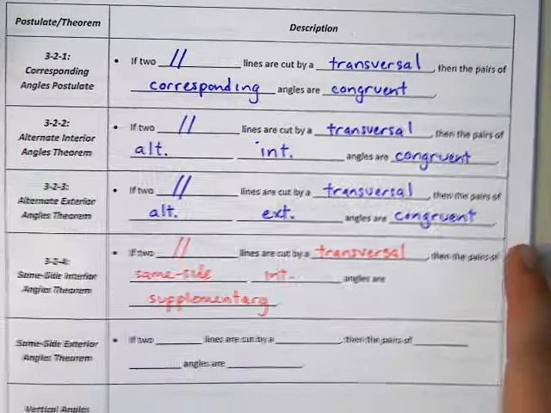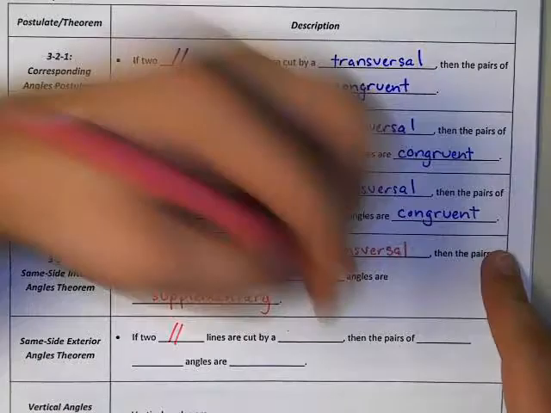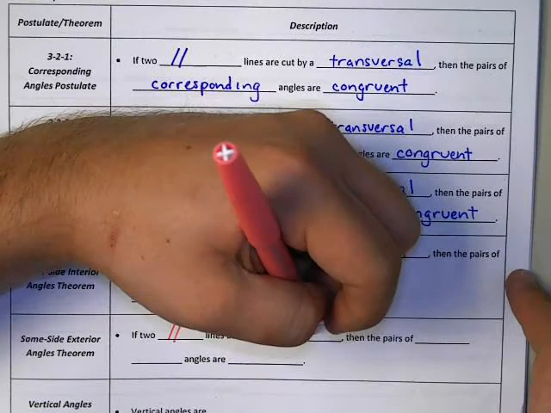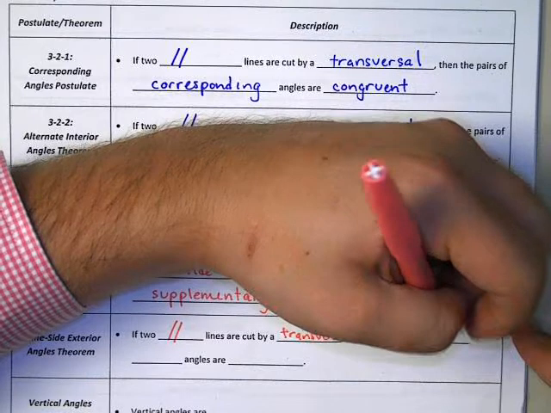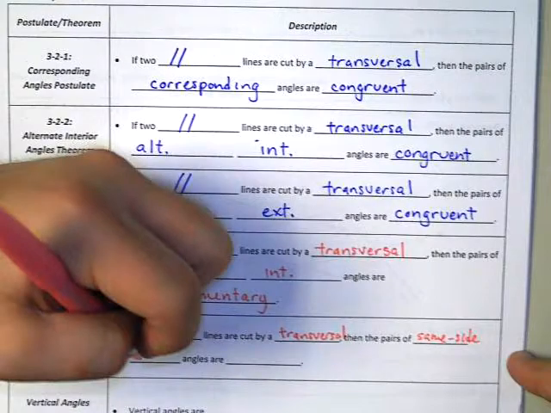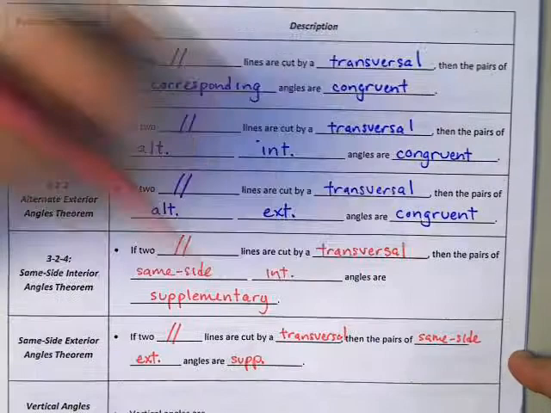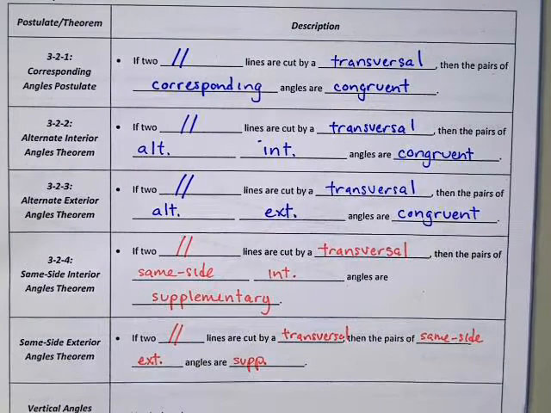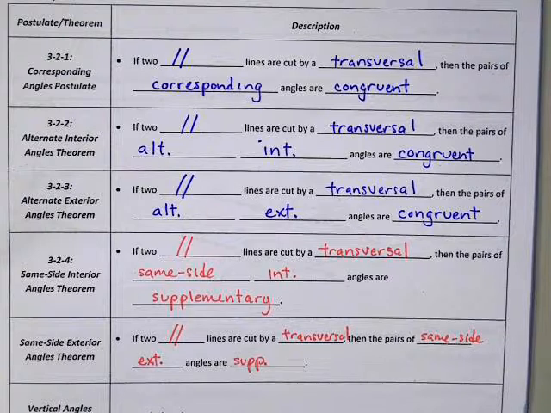And it's the same thing with exterior. If two parallel lines are cut by a transversal, then the pairs of same side exterior angles are also supplementary.